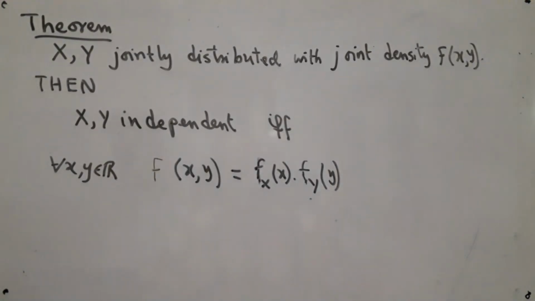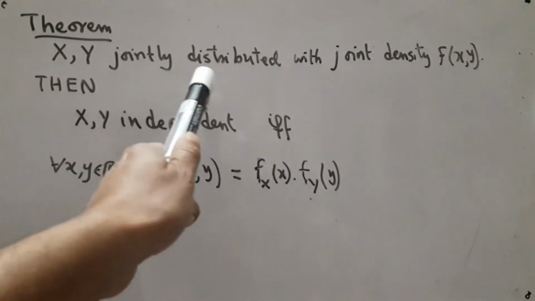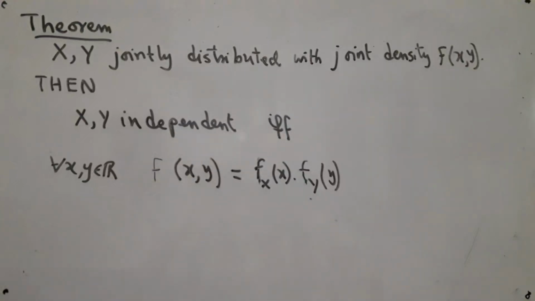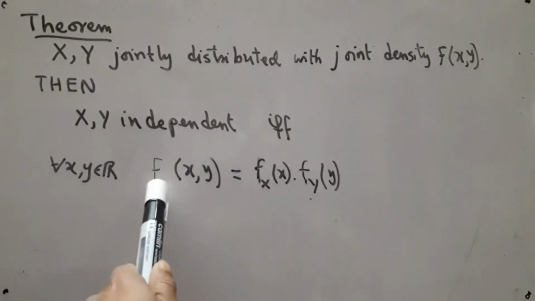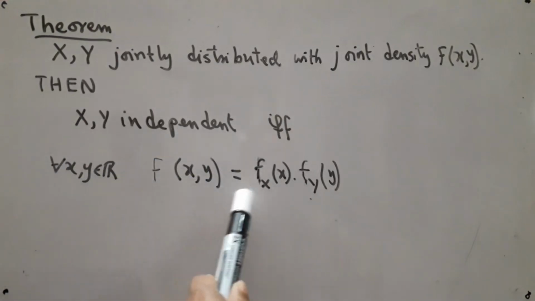So we get the characterizing property of independence in terms of joint density. So X and Y jointly distributed with joint density little f_XY are independent if and only if the joint density factorizes into the two marginal densities.